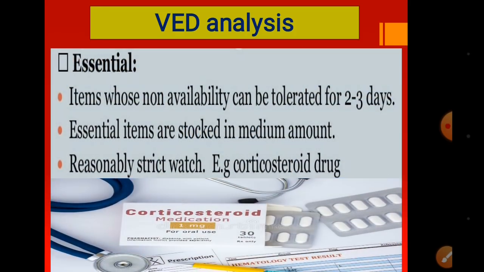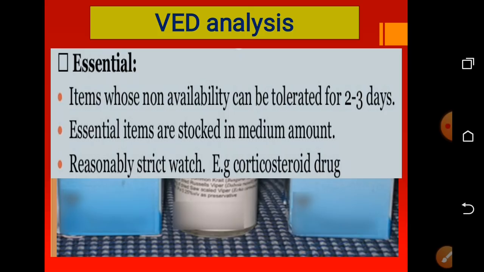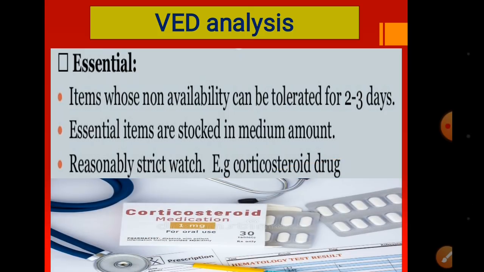Next, essential items, whose non-availability can be tolerated for 2 to 3 days. Essential items are stocked in medium amount, with a reasonably strict watch. Example, corticosteroid drugs.